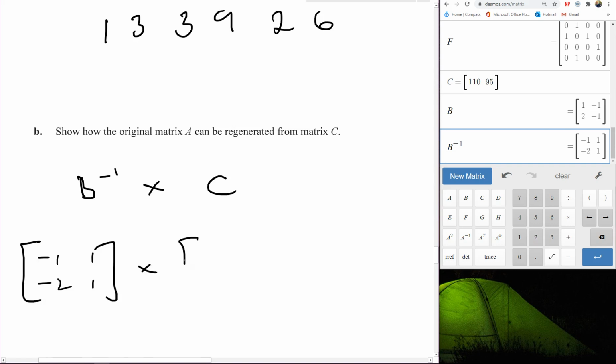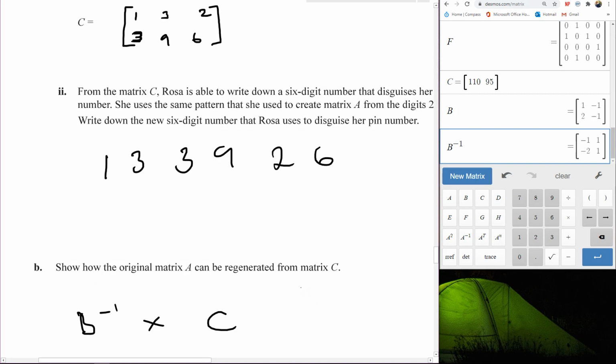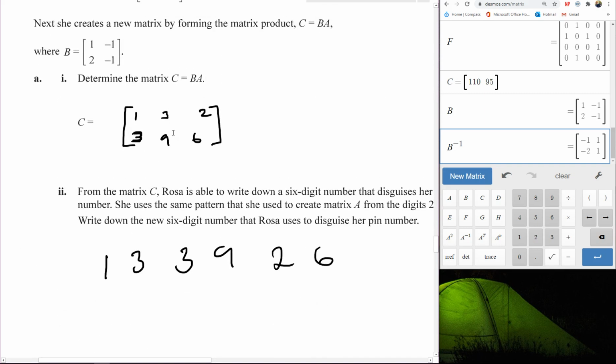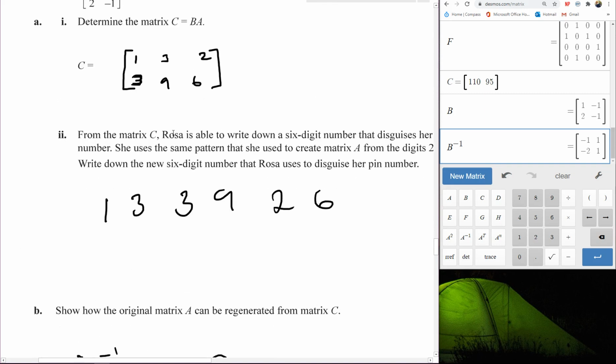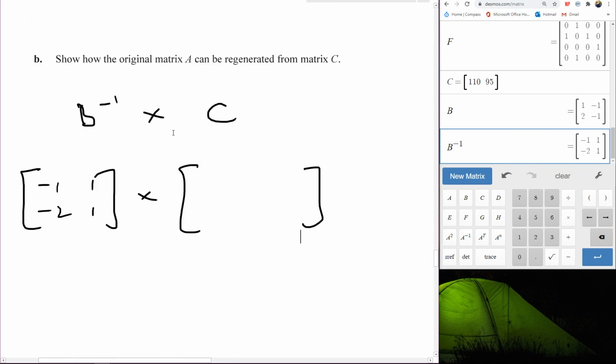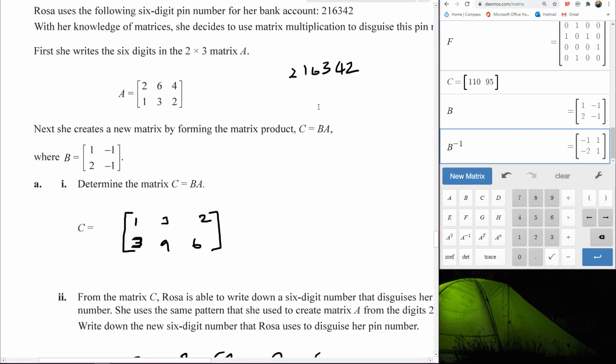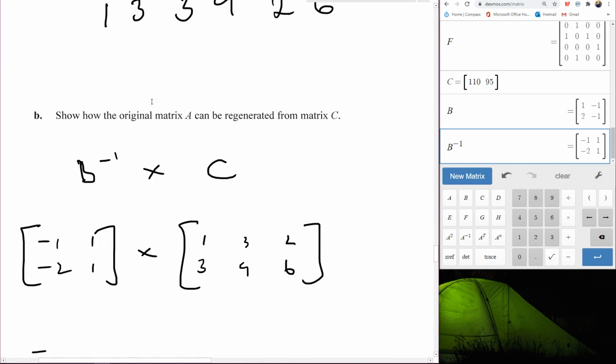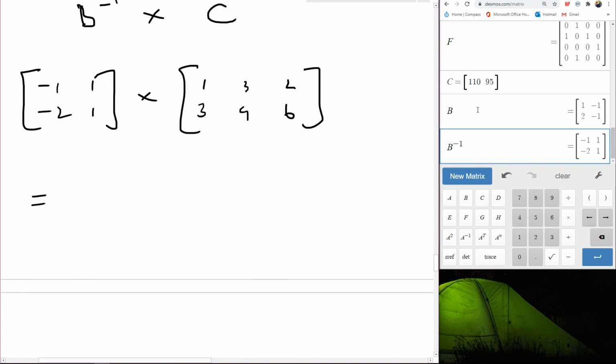Multiplied by my matrix C, which remember was the encoded message, 133926. If we've done this correctly, it should put us back to this point, 216342. So B inverse multiplied by matrix C.